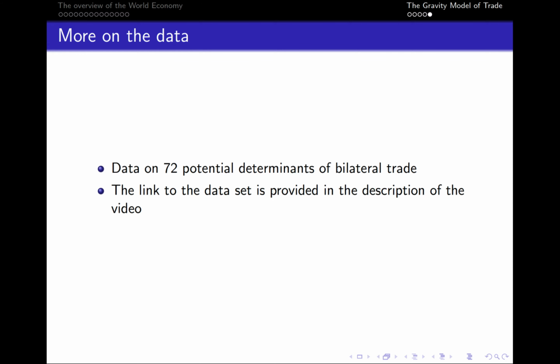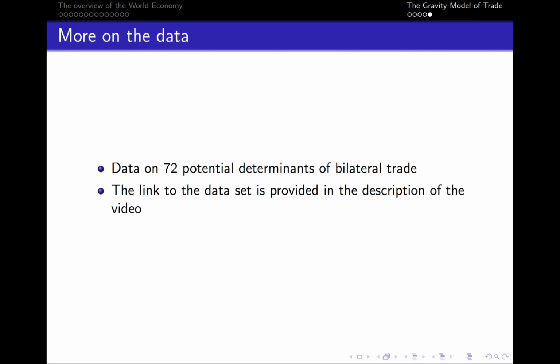I recommend you use it to check your own hints or suppositions about what could determine trade. It will give you a lot of opportunity to check which factors actually influence bilateral trade flows and which do not. In the description, I will provide you with the link to the dataset.